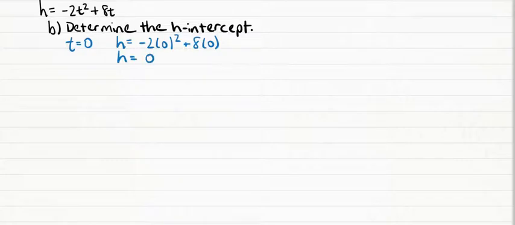So the height here would be 0. So this is the same point that we actually found when we found T intercepts, because in this case, 0, 0 would be both a T intercept and an H intercept. So again, this is the point where the ball is kicked from. It's kicked from time 0 at a height of 0 meters.